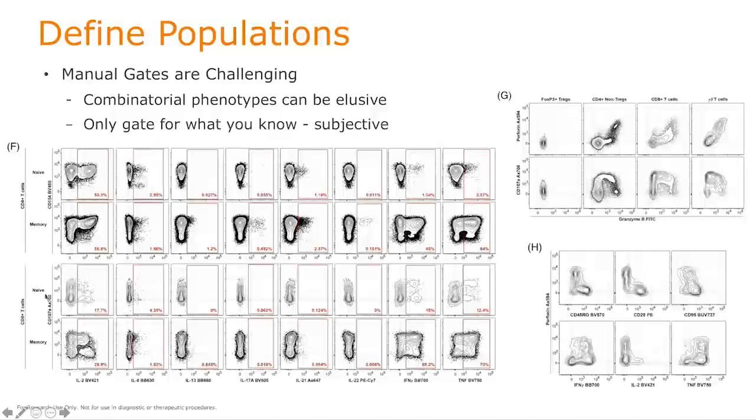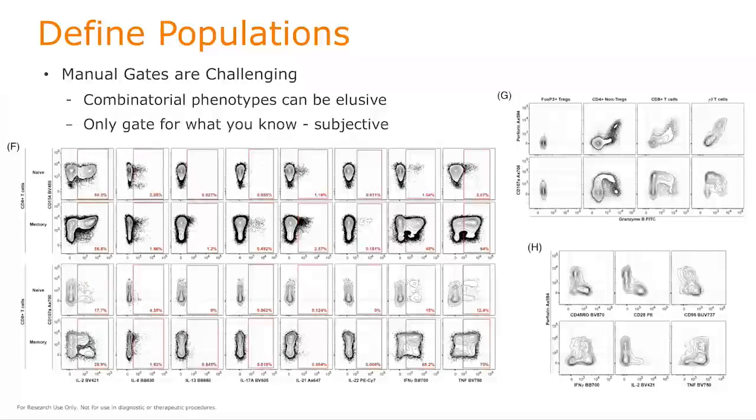So just 4 different subsets, I'd end up with over 1,000 gates by Booleaning these together. And if you actually start looking at all the different bivariate plot combinations, as soon as you get up into the 20+ color range, there's too many of them to even evaluate by eye. So we have to come up with some sort of alternative approach for actually gating these complex combinatorial expression patterns that we see in the immune system.